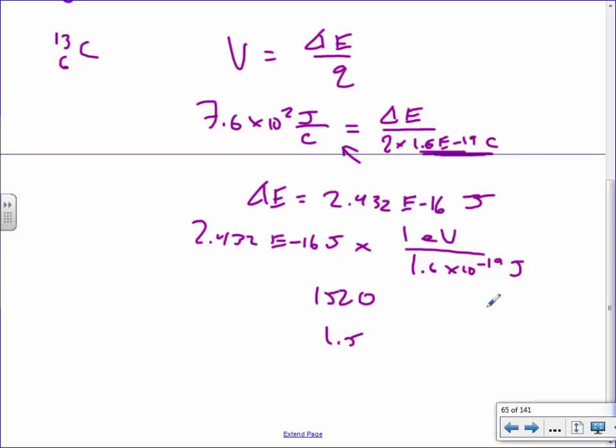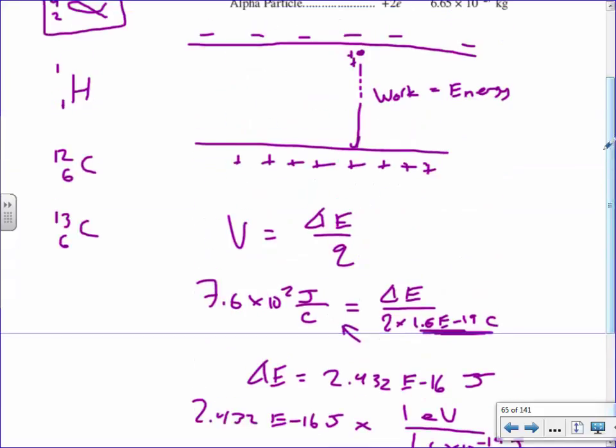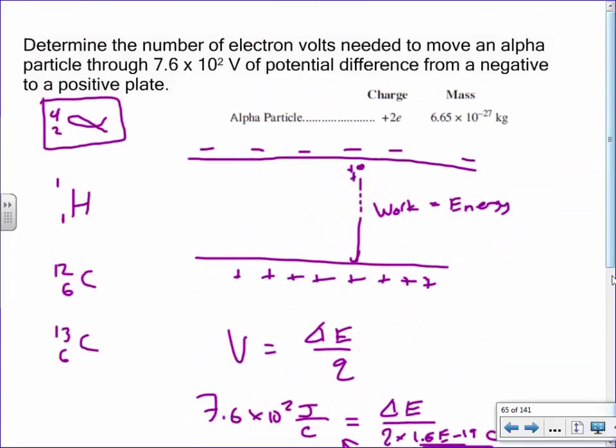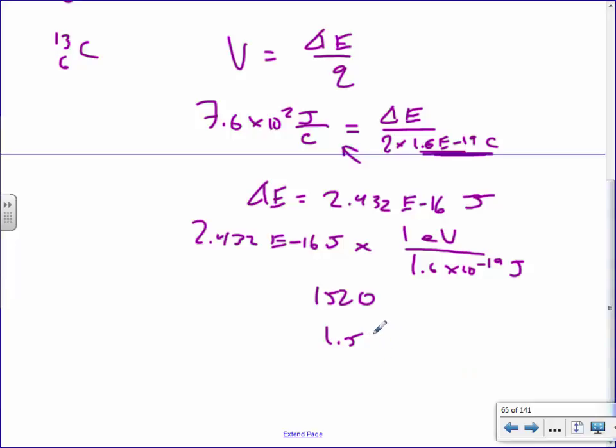So 1.5 times 10 to the 3 electron volts. That would be how much energy it would take. Another way of writing it, 1.5 kilo electron volts.